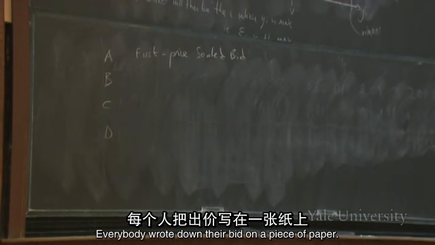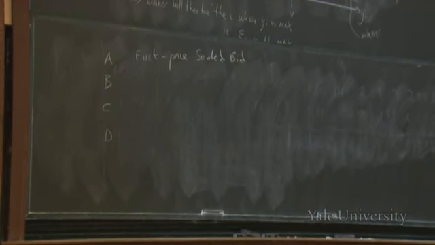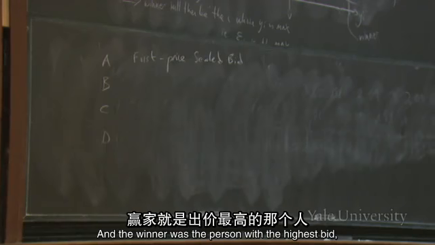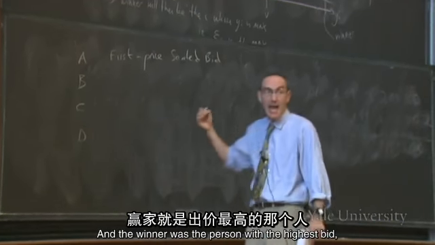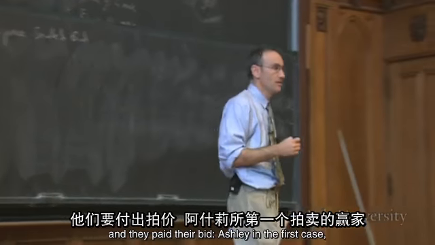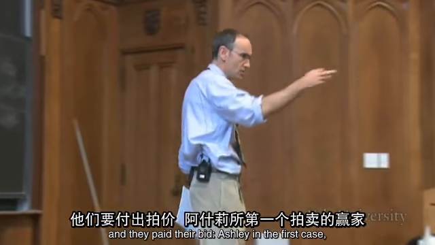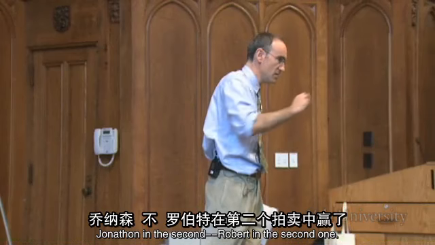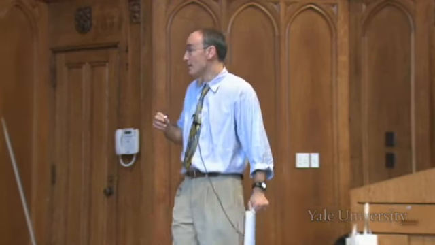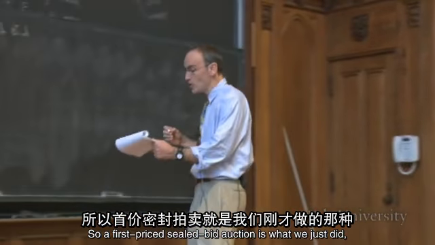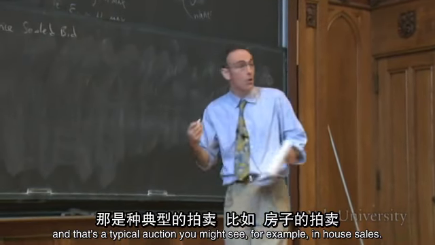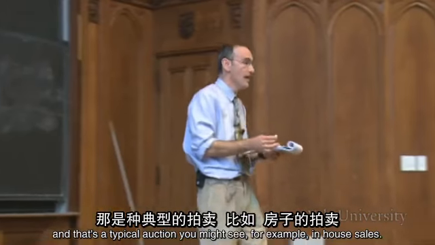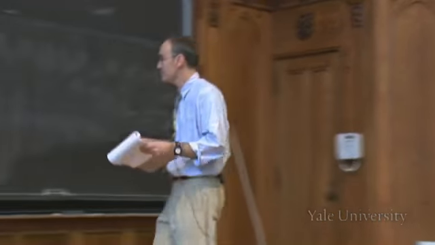Everybody wrote down their bid on a piece of paper, and the winner was the person with the highest bid, and they paid their bid. Ashley in the first case, Jonathan in the second, Robert in the third. A first price sealed bid auction is a typical auction you might see, for example, in house sales.